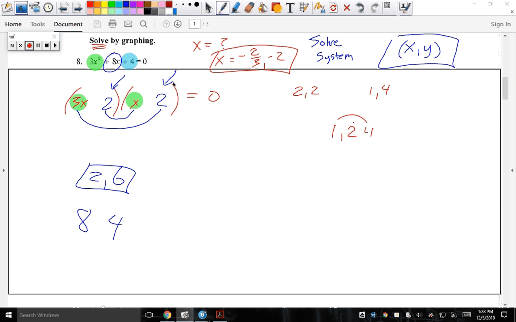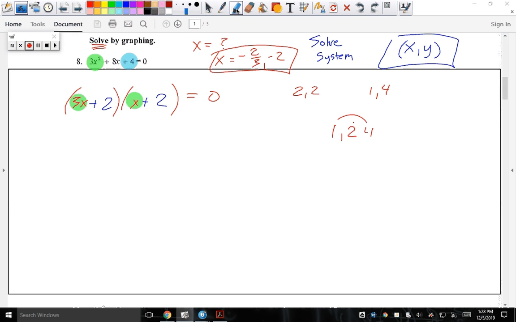Okay? So all I have to do now is just figure out what are the signs going to be. Is it going to be both positive? Is one going to be a negative? What do you tell me? Both positive. Because look, I will get a positive 4 when I multiply those. I will still get 3x squared, and then my inside is a positive 2, positive 6 to give me the positive 8.